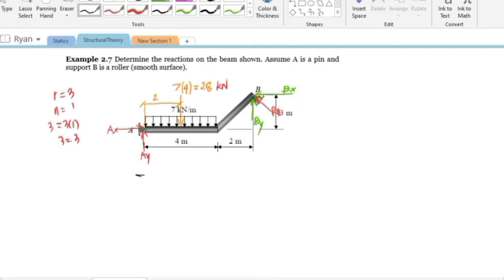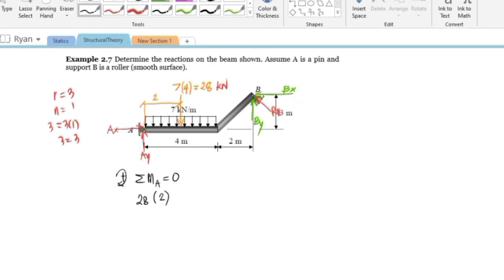So we have summation of moment at point A is equal to 0, taking the clockwise direction as positive. So makikita natin dito that 28 kN load will create a clockwise rotation. So we have here positive 28 multiplied by 2 meters. And si RB, since we don't have the perpendicular distance of RB papunta sa point A, gagamitin natin dito yung components ni RB, which is the BX and the BY.